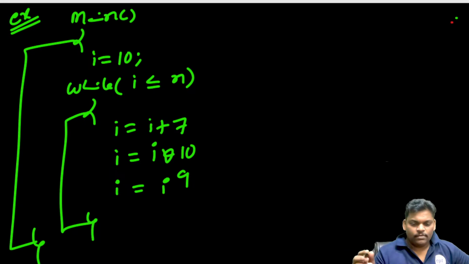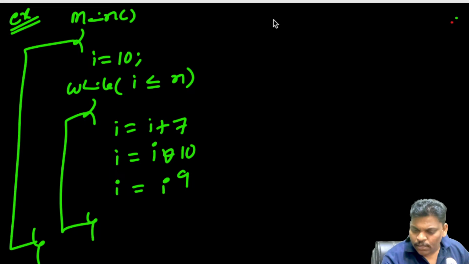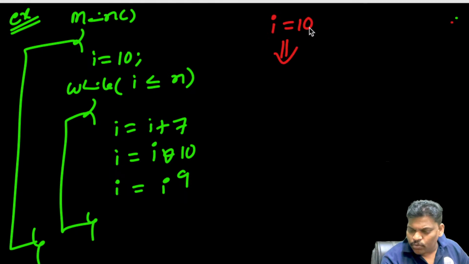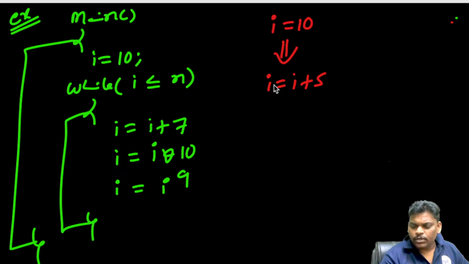Now see this. Everyone listen. Assume that i is equal to 10. Then i = i + 5 makes it 15.